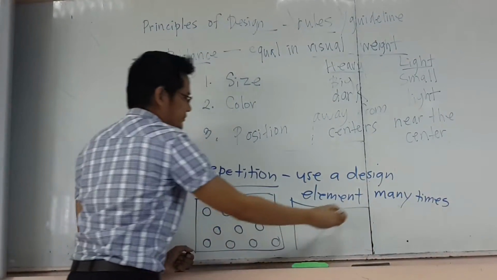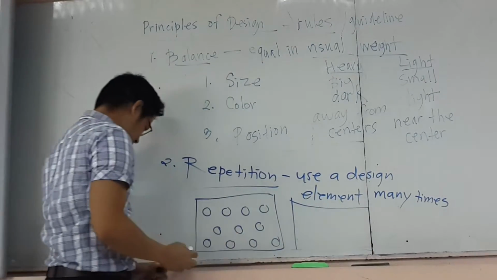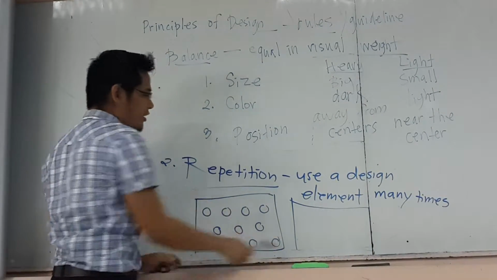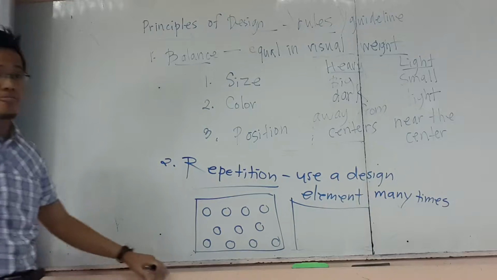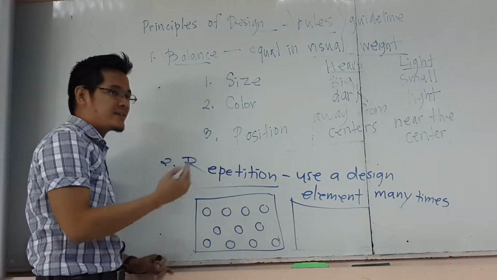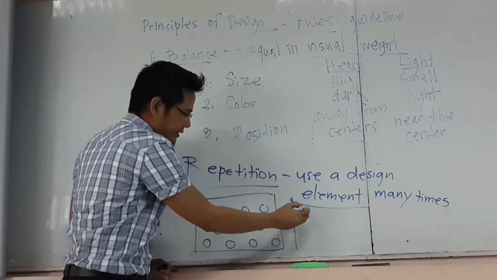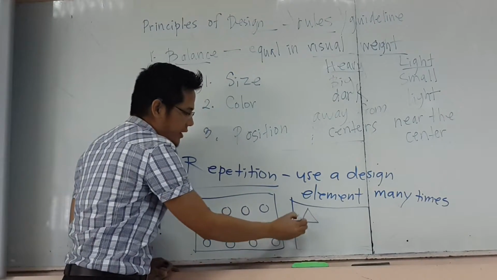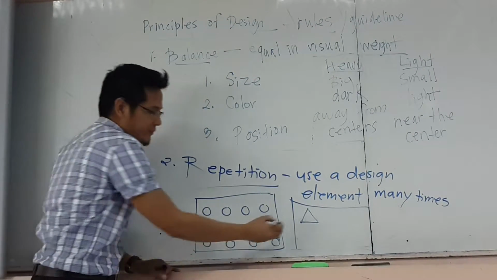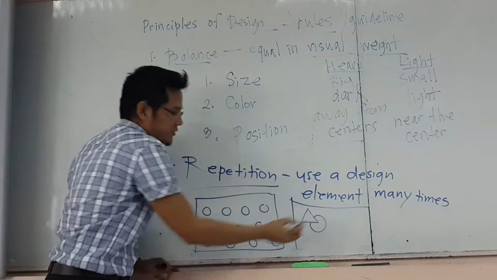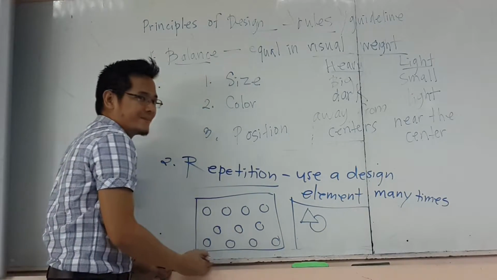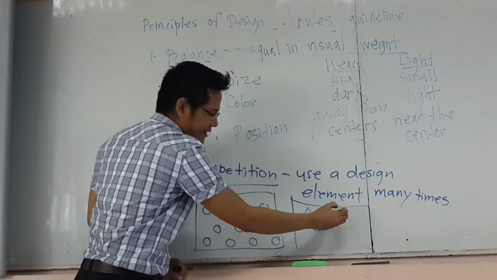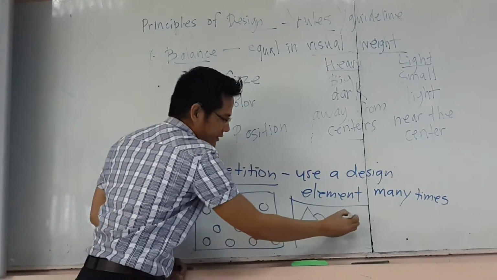Another example. So you can also apply repetition when you create a set of design elements. For example, you can combine a triangle and a circle. So you have two design elements, and then you can repeat.